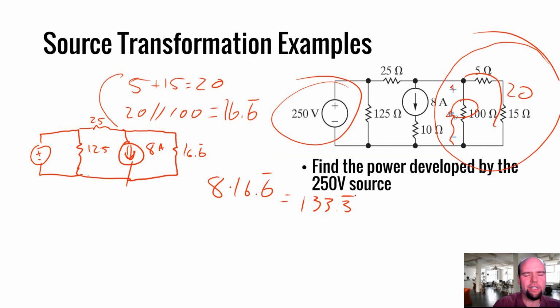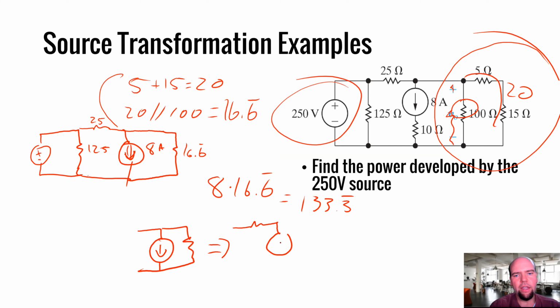Again, the thing I want to be careful about, and I'll draw this really quick, is that I had a current supply pointed down in parallel with a resistor. That's going to have to convert to a voltage supply oriented like that in series with a resistor.